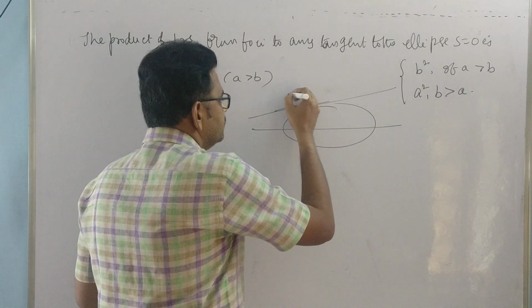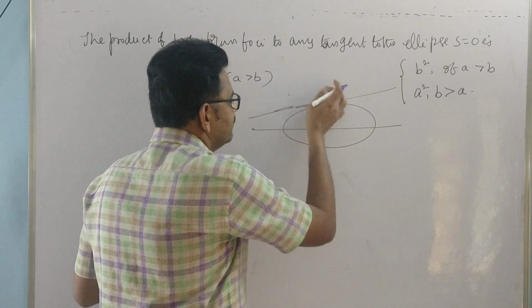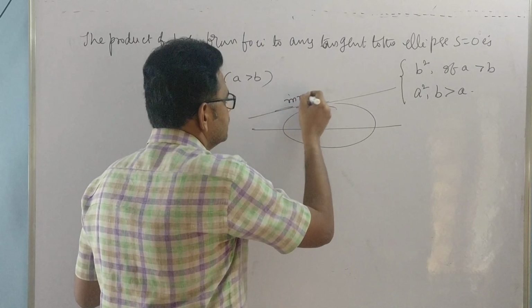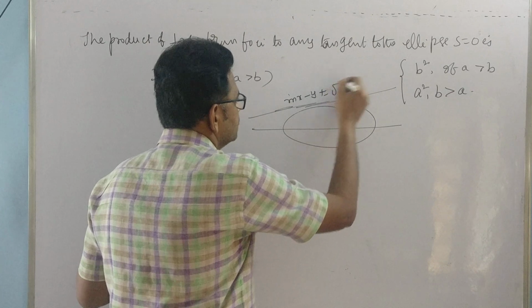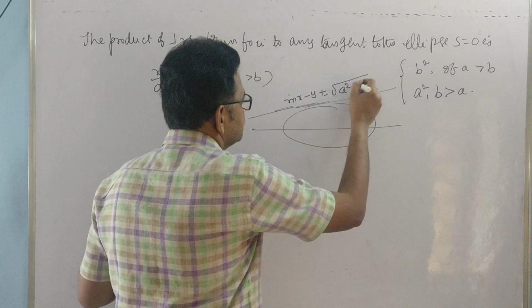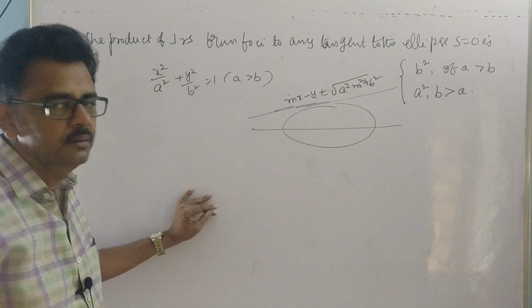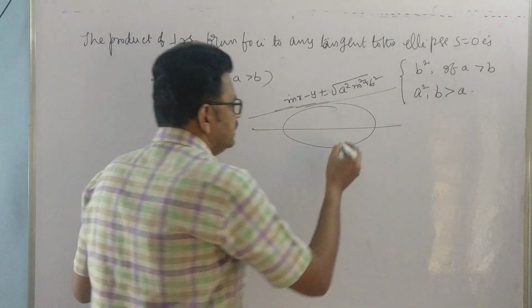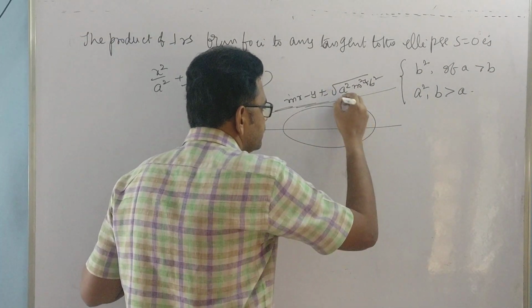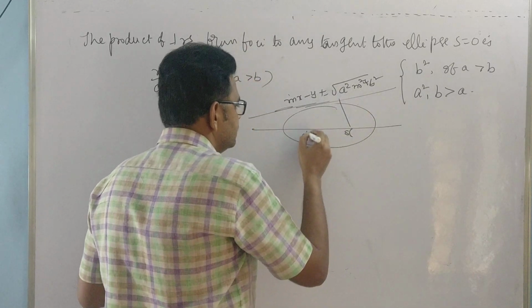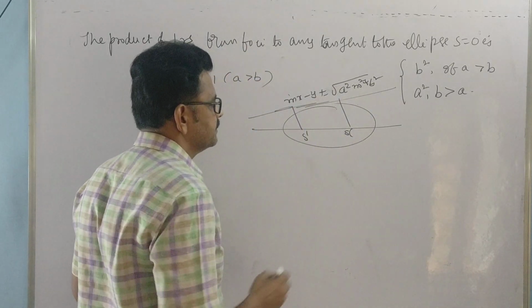Equation of tangent to the ellipse, y is equal to mx plus or minus root of a square m square plus b square, that is mx minus y plus or minus root of a square m square plus b square. This gives the focus perpendicular distance, and this is the s dash perpendicular distance.